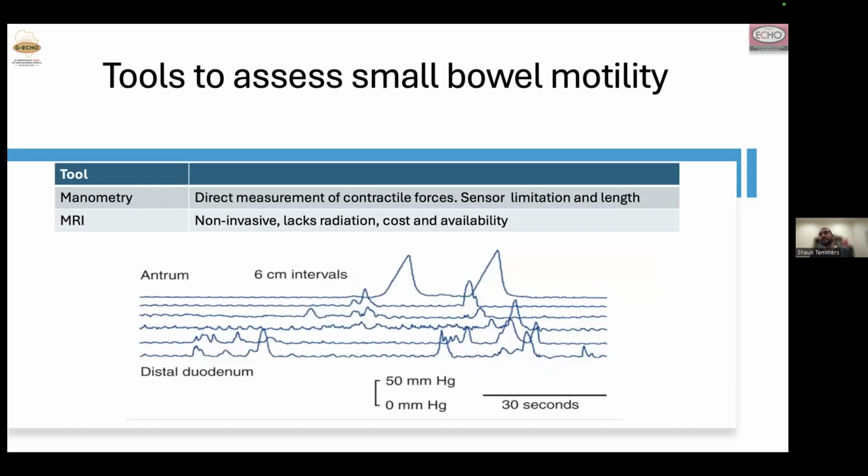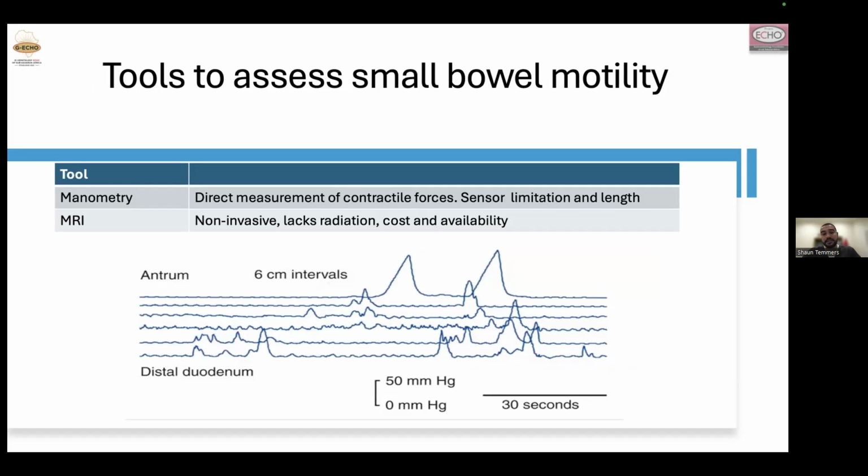You can measure this contractile activity within the bowel, and there are various tools for measuring small bowel motility. However, manometry with channel-based sensory catheters gives you a direct measurement of contractile forces. The issue with it is that there's a limitation to the number of channels that you can have and the length of the actual device.